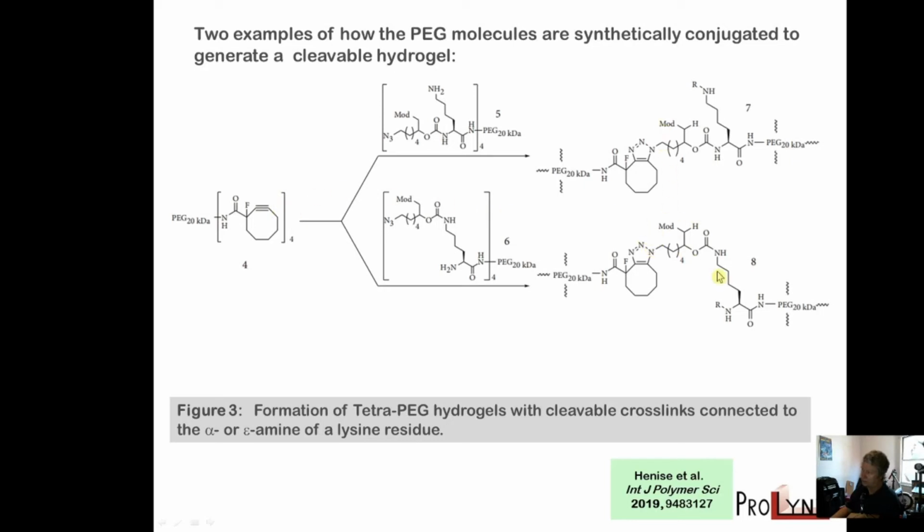All that really matters is you have a cleavable method. With the modulator, you can control the rate of cleavage. That proton can get torn off and then cleave the hydrogel. Okay, and so this is formation of tetraPEG hydrogels with cleavable crosslinks connected to the alpha or epsilon amine of the lysine residue.